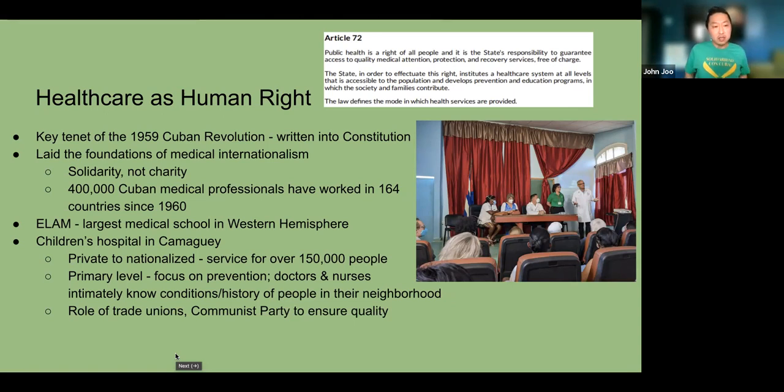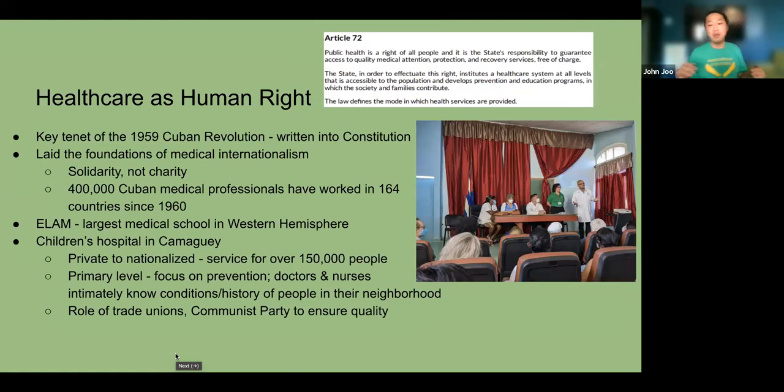And I think the last thing is that the picture on the right is a picture of some of the workers in the children's hospital that we visited in Camagüey. It was a private hospital that was nationalized after the revolution, and it serves over 150,000 people in that region. They talked a lot about primary level care being the basis.